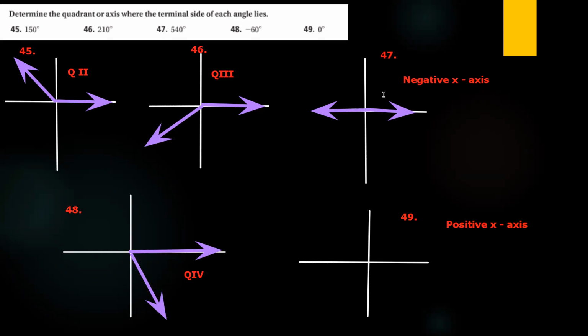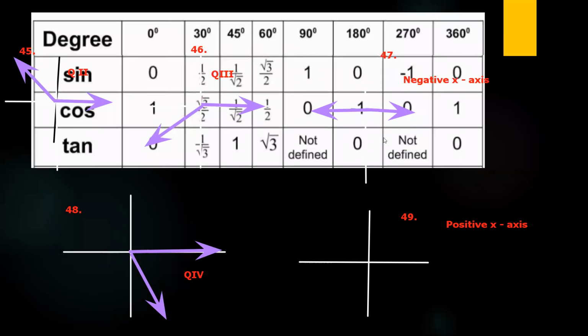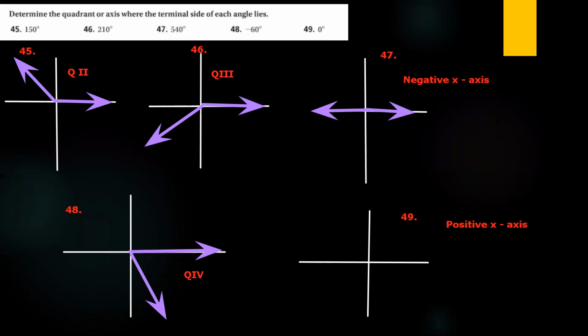Teacher, for question 49, we will not draw the zero line, right? No, just make it like this. This means that the angle is 0, between these two lines is 0.